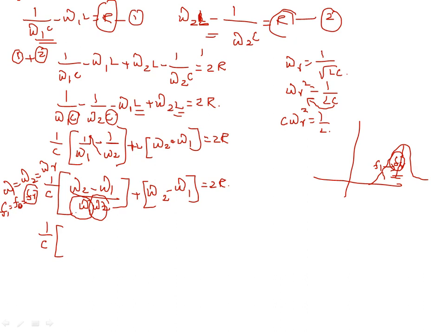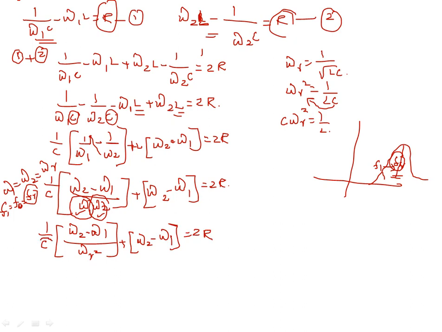So substitute omega 1 equal to omega 2 equal to omega R. So (omega 2 minus omega 1) should be equal to omega R into omega R square plus (omega 2 minus omega 1) should be equal to 2R.